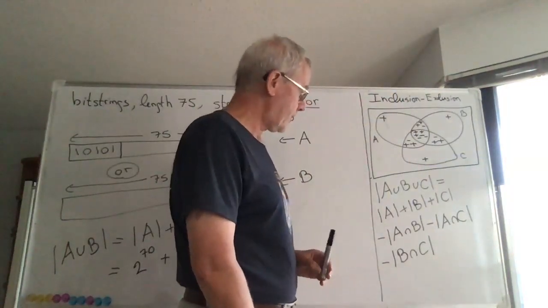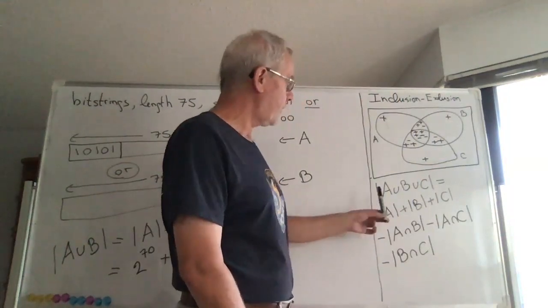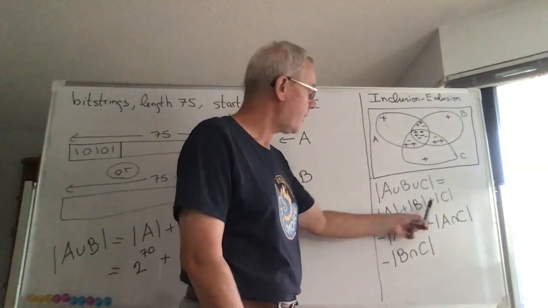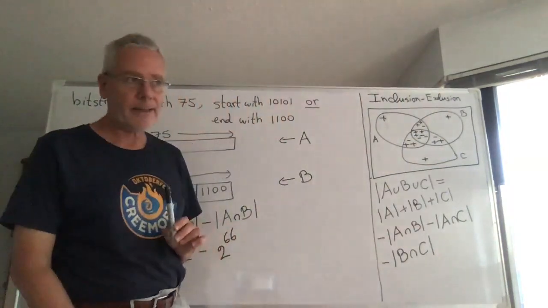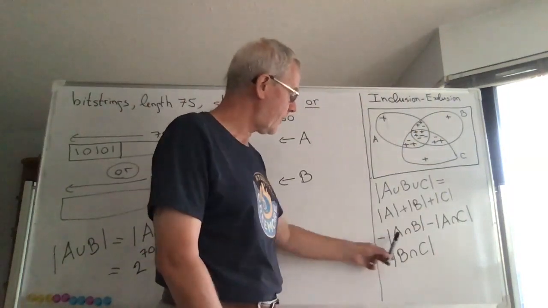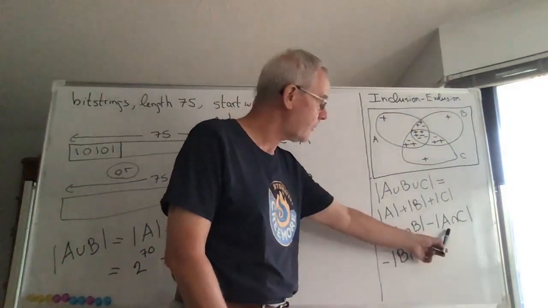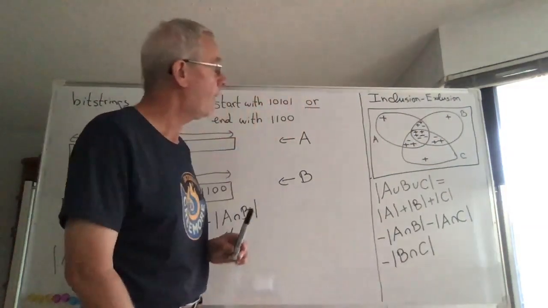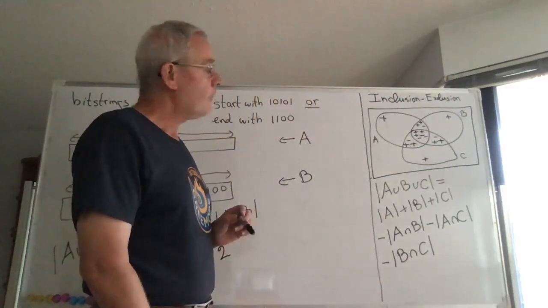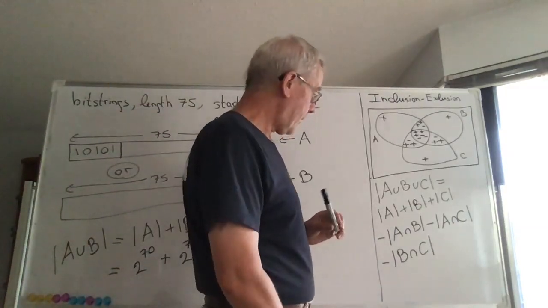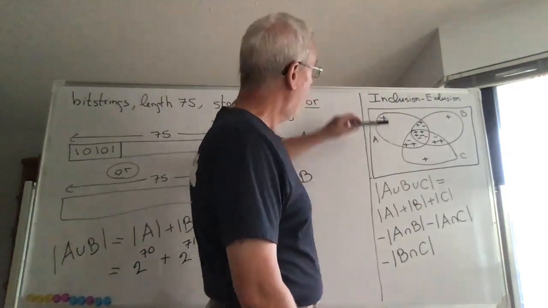We're getting close. So what have we done so far? We want the size of the union of A, B, and C. We include A, B, and C, and then we exclude the pairwise intersections. We exclude A intersected B, we exclude A intersected C, we exclude B intersected C. Now, if we look in the Venn diagram, then we can see how far we are now.